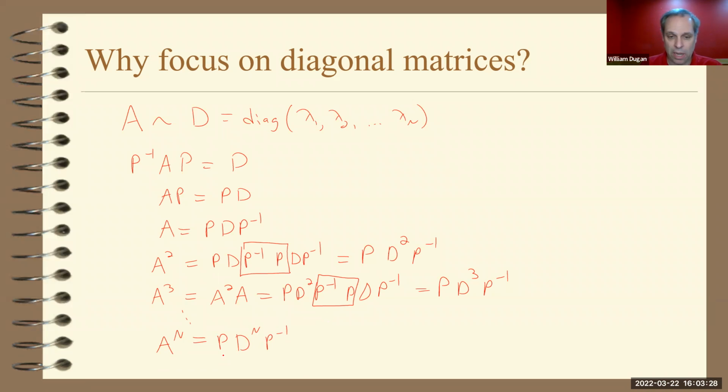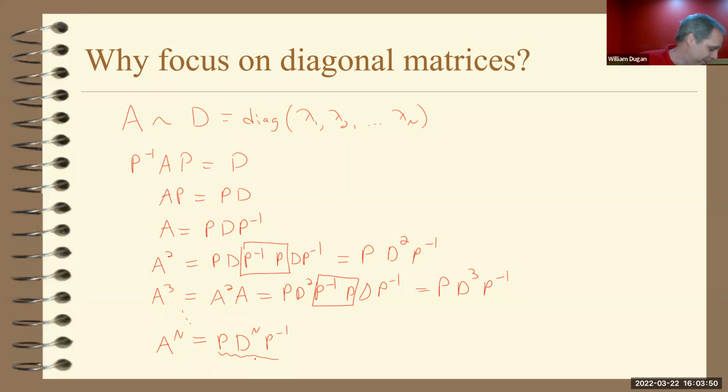So this is really a product of three simple matrices. So if you want to take A to the 100th power, you actually only have to multiply three matrices together to do it. Neat, right? If you want to take A to the billionth power, you actually only have to multiply three matrices. That's really neat. So that's why we focus on diagonal matrices.